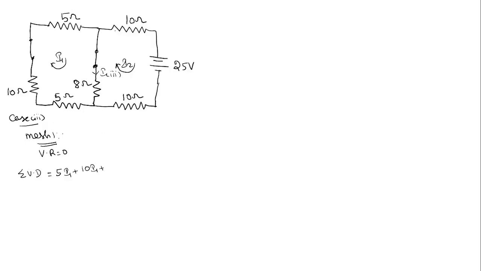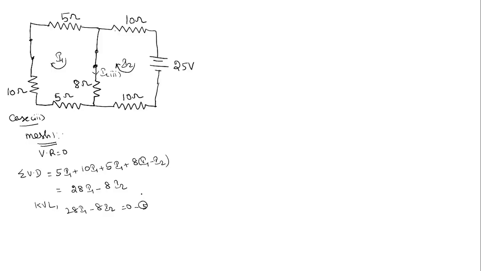This 5 ohms resistor is 5 into I1, plus the current through this 8 ohms is written as I1 minus I2 for mesh 1. On simplification, we'll get the same equation: 28 I1 minus 8 I2. So the KVL equation will be 28 I1 minus 8 I2 equal to 0. Okay, this is equation number 5.